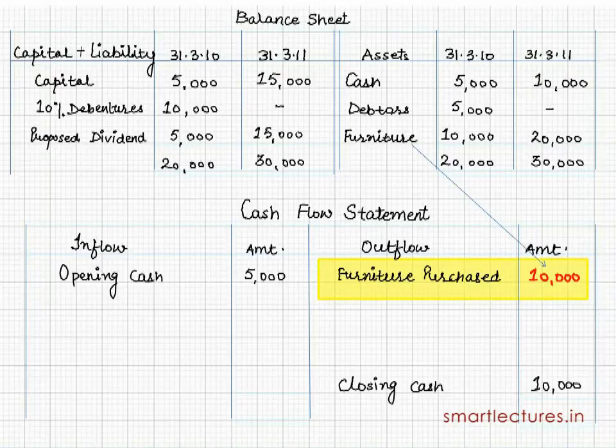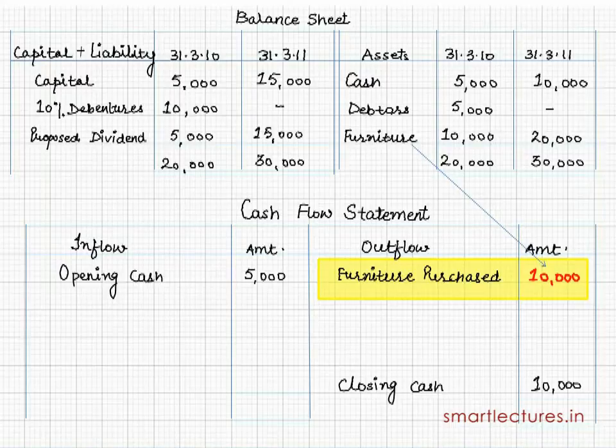Now liability side. Previously capital was 5,000. Now capital is 15,000. There is a jump of rupees 10,000 in the capital. What it means? The company has issued shares of rupees 10,000. That's why there is increase in the capital. Be careful. If it's a joint stock company and there is increase in the capital, this increase cannot be due to net profit.